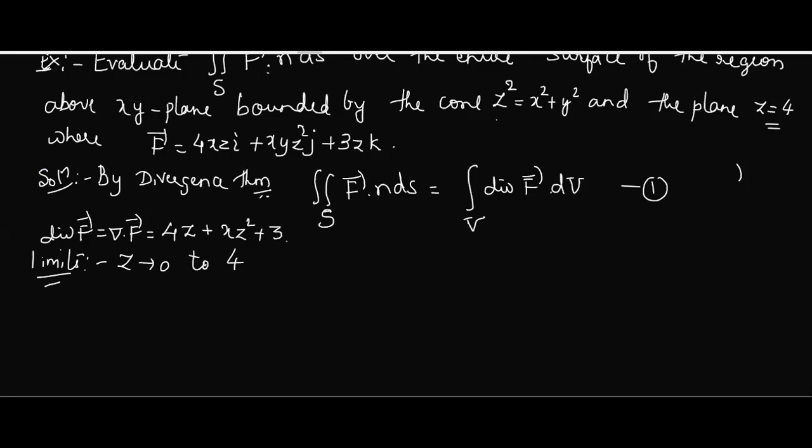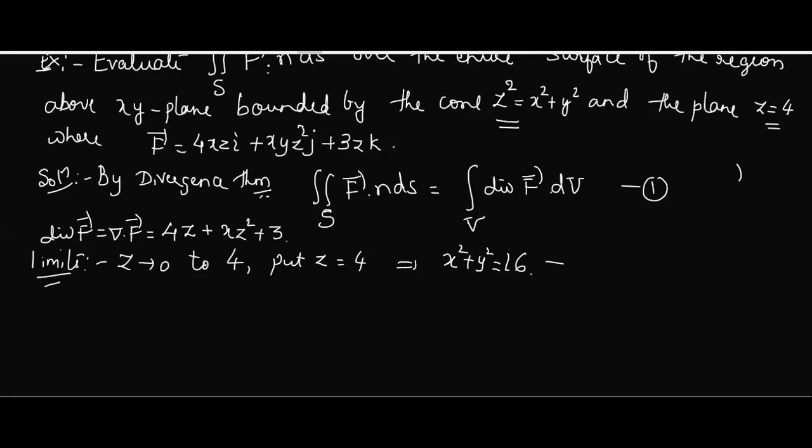Now just see the equation of the cone they have given; there is a relation between x, y, z. They have also given the plane z equal to 4. So what has to be done is replace this z by 4, and you will get an equation in x and y. If you put z equal to 4, we get x squared plus y squared equal to 4 squared, which is 16. Let us see the limits for x and y now.